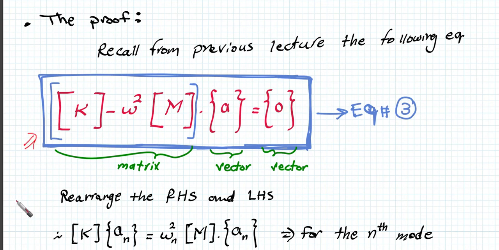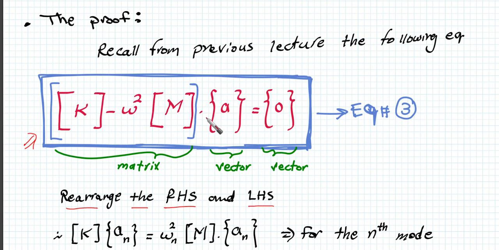Okay, and then we are going to simply rearrange this equation in a way that is going to be easy for us to prove our main orthogonality condition. So we rearrange the right hand side and the left hand side.